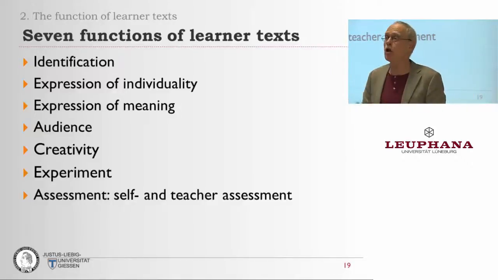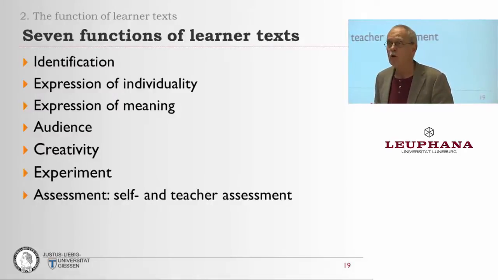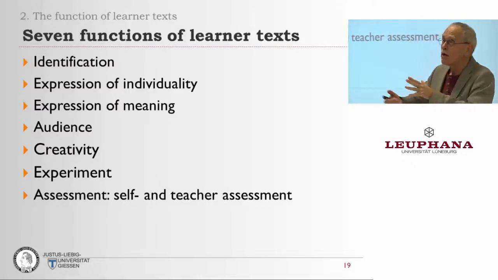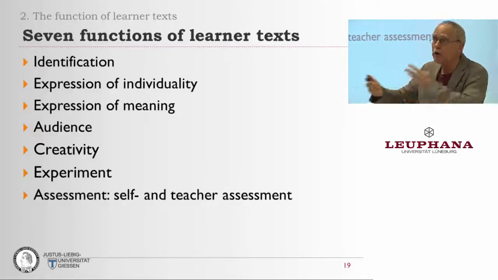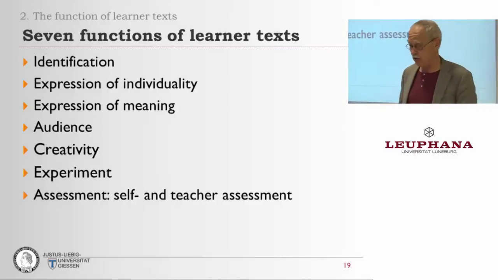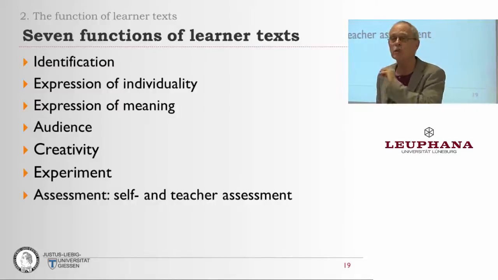Here, this learner might need more support in learning his or her vocabulary. And the learners themselves say, oh, I do need to deal with, well, I was kind of shaky, forgotten the structure and so on and so forth. Yes, self-assessment, teacher assessment are also part and parcel of the 7 functions of learner texts, but only one of the functions.